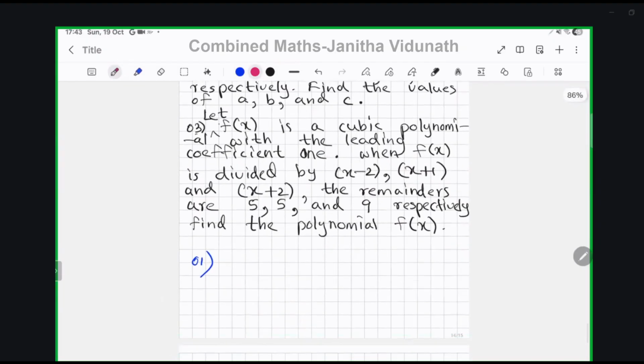For fx, we divide by x minus 2, so we set x minus 2 to 0, that means x equal to 2. That means the remainder is equal to f2.